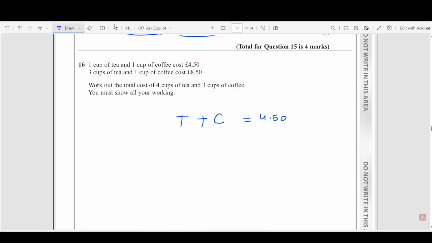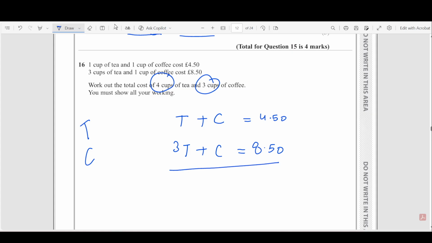And then 3 cups of tea. So 3 cups means 3 tea plus 1 cup of coffee. Their cost is 8.50, right? We need to work out the total cost of 4 cups of tea and 3 cups of coffee. If we know the cost of 1 cup of tea and coffee, we can find it for 4 and 3, right?